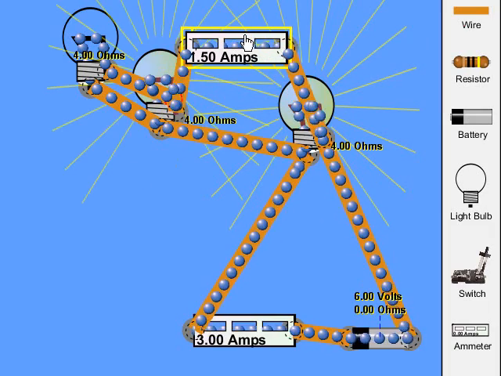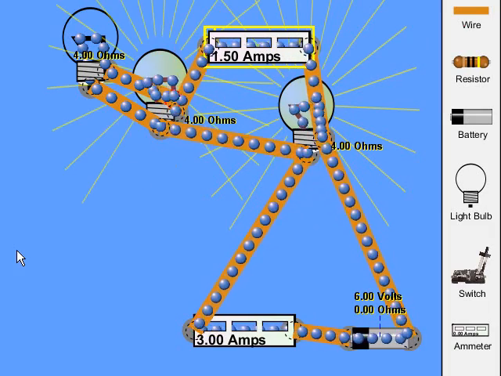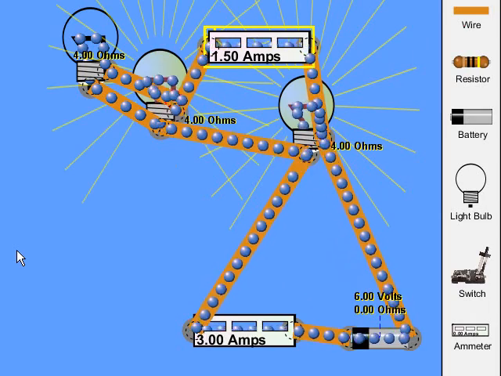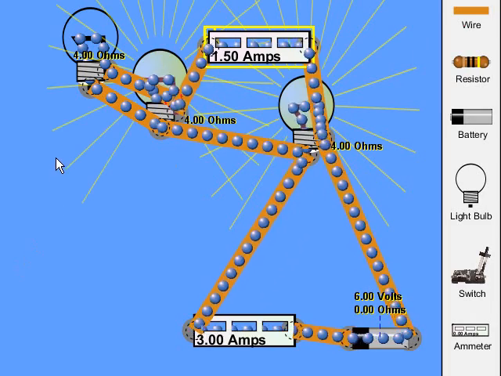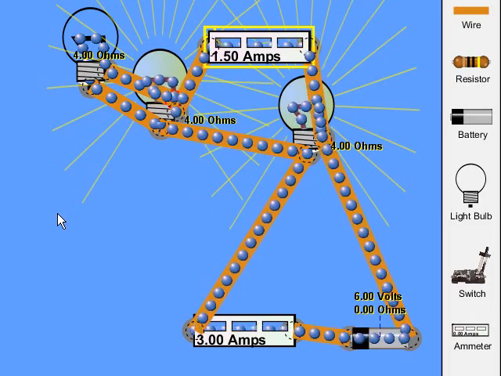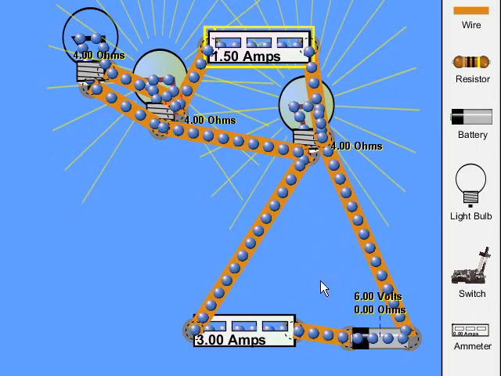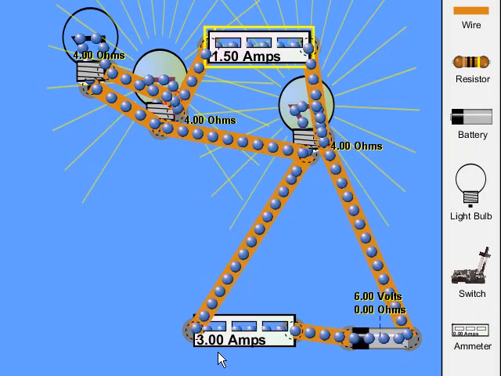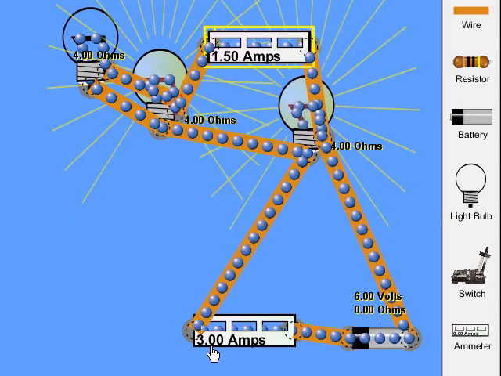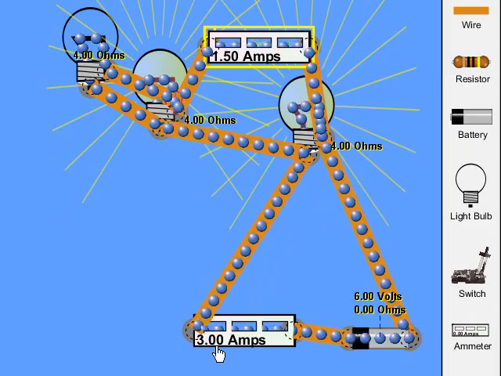We can see that it measures 1.5 amps going to one of the light bulbs, and it would measure the same to the first and the third light bulb. The way I have it wired here, it makes it a little bit difficult to measure each individual one. Oops, that's interesting. Why does it say 3 down here? Ooh, that should be still 4.5.